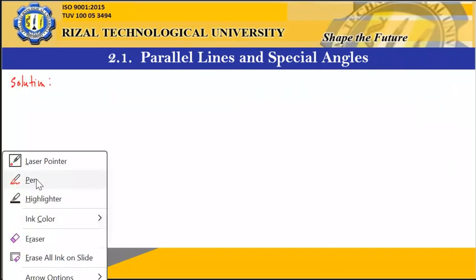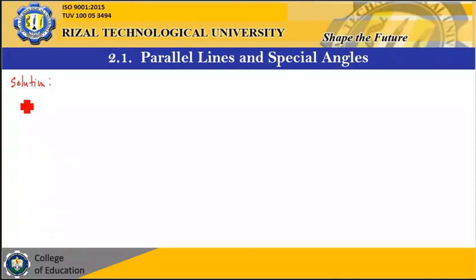So let's put it here. Angle RUV and angle WXS are alternate interior angles. Exterior rather. They are alternate exterior angles.